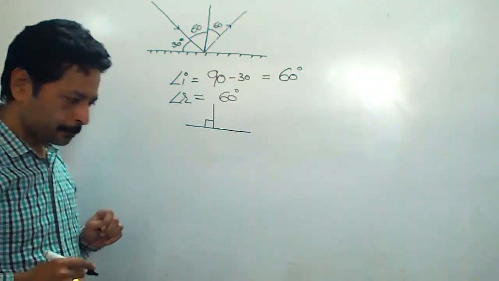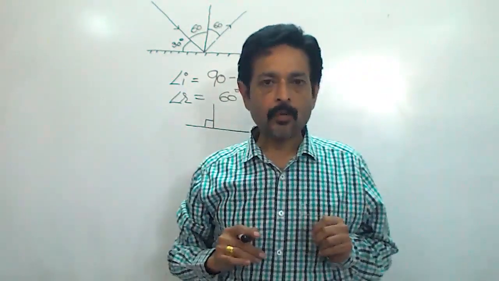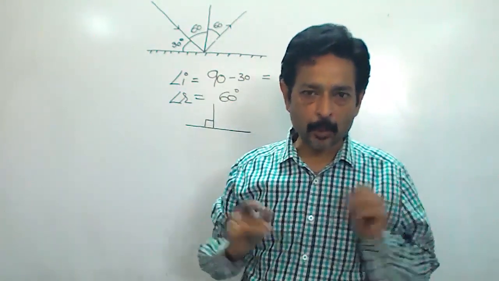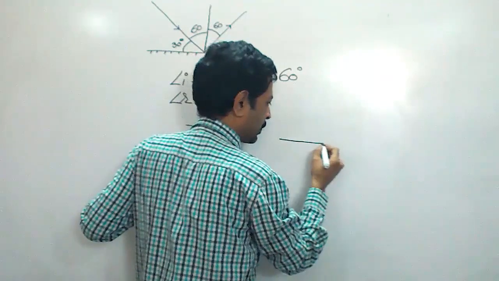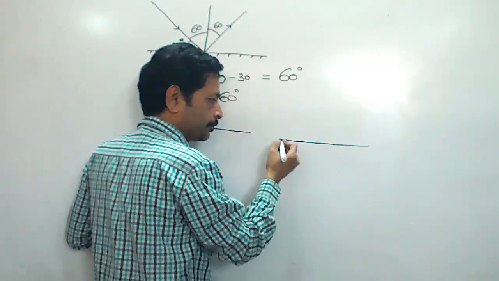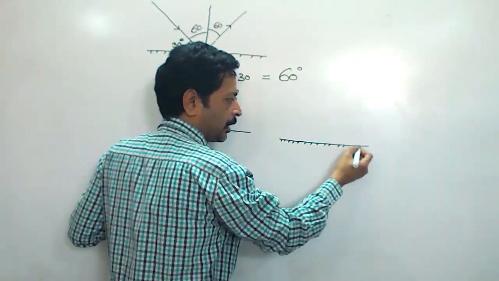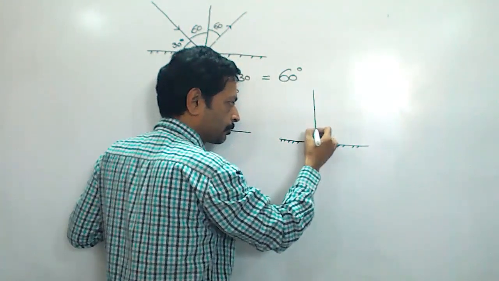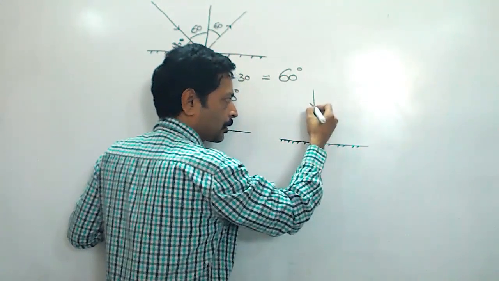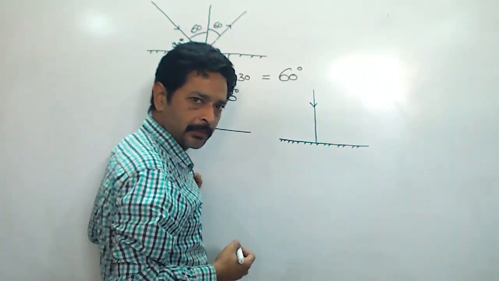Now remember one thing. If an incident ray falls normally to the mirror, suppose this is the mirror, an incident ray falls perpendicularly to the mirror. Normally means perpendicularly to the mirror.